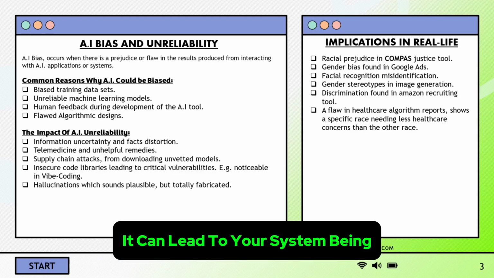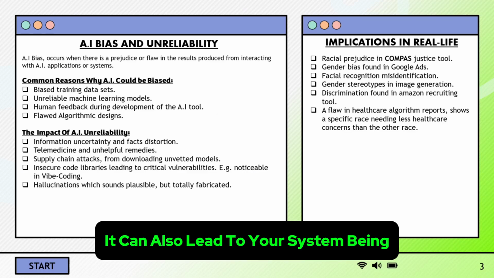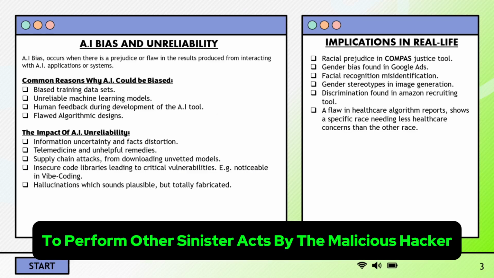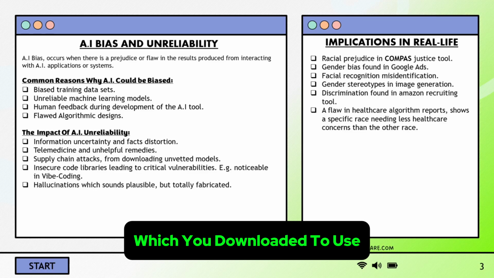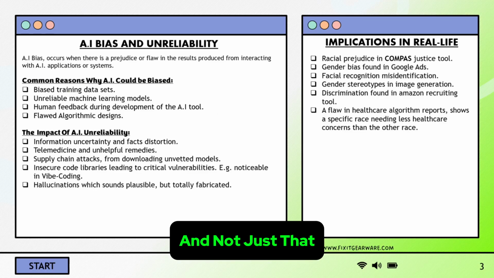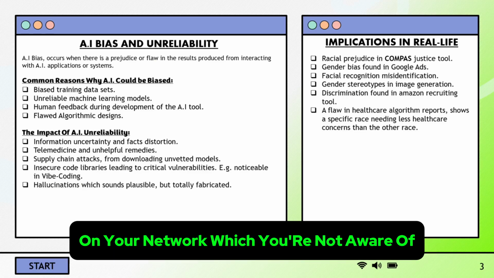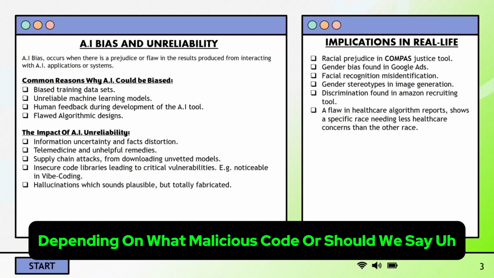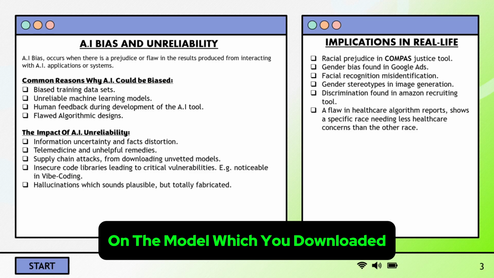It can lead to your system being a crypto mining machine. It can also lead to your system being compromised to perform other sinister acts by the malicious hacker who created that unvetted model which you downloaded to use. And not just that, it could lead to another widespread of spiral attacks on your network, which you're not aware of, depending on what malicious code, or should we say backdoors, was crafted on the model which you downloaded.